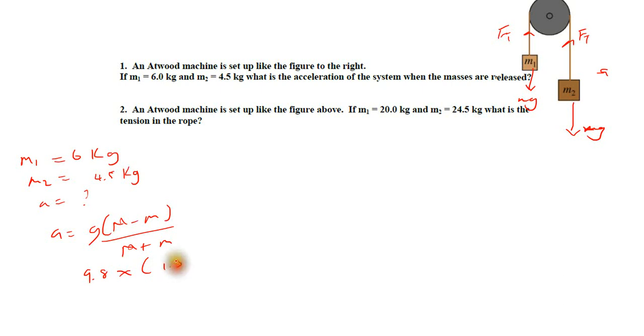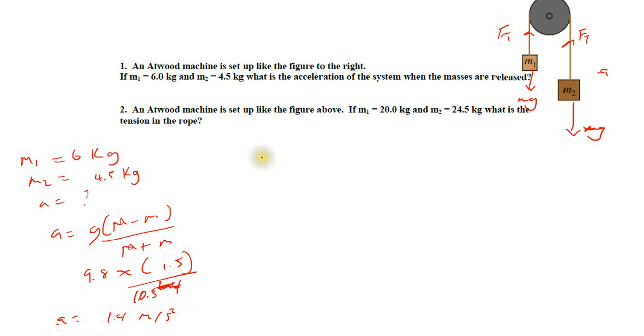That's going to be 1.5, and when we sum the masses we get 10.5, not 6.5, my bad. So by working out all of this, we should get an acceleration of 1.4 meters per second squared. So that covers that part of the question.